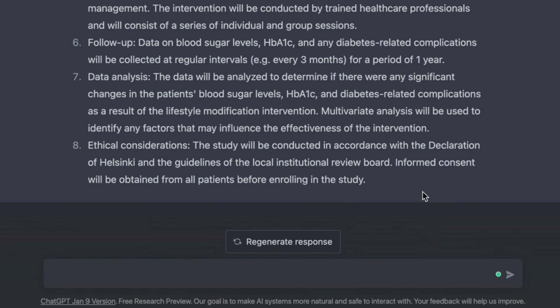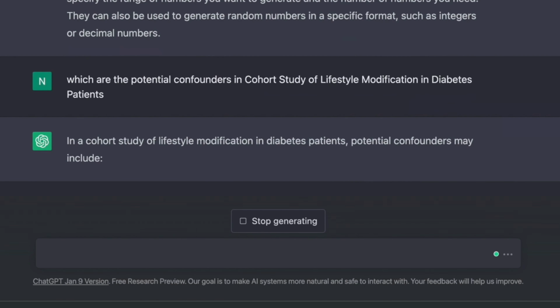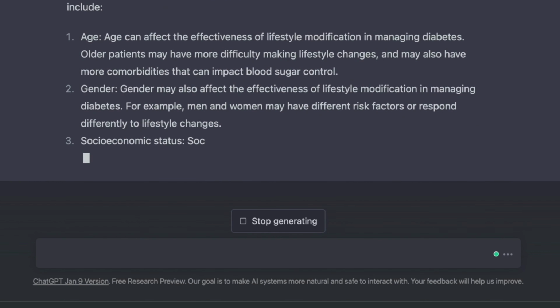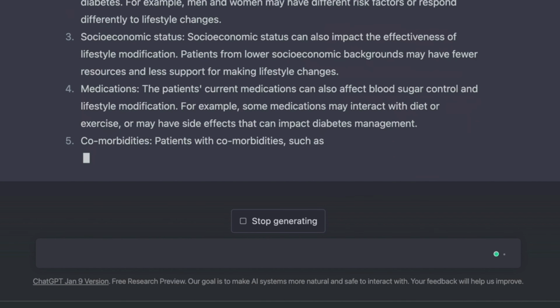I also asked ChatGPT to identify potential confounders for my study, and it's like almost it knows everything. Suppose you want to know how you are going to analyze your study, which statistical test you are going to use, just ask ChatGPT which statistical methods or tests I should use for my study, and it will generate a response for you.